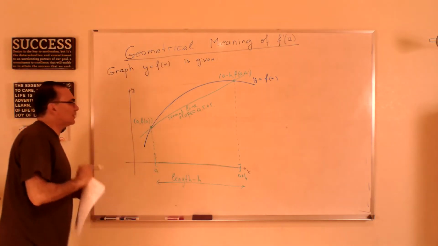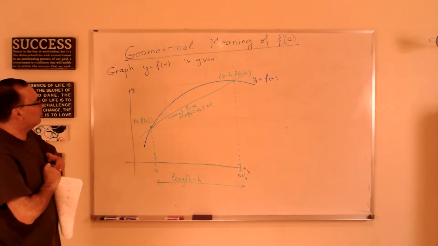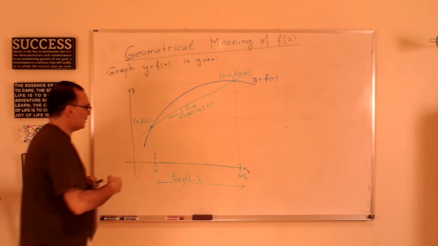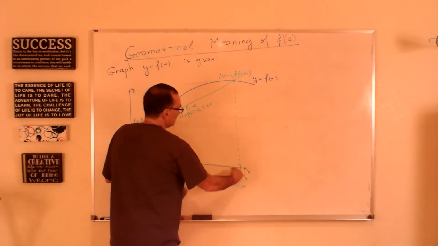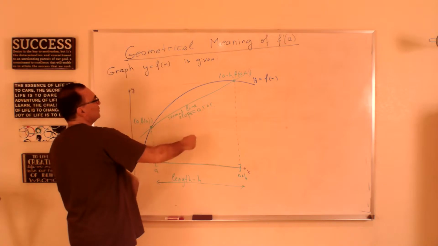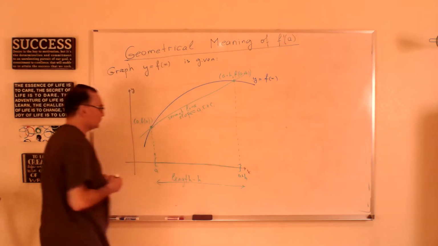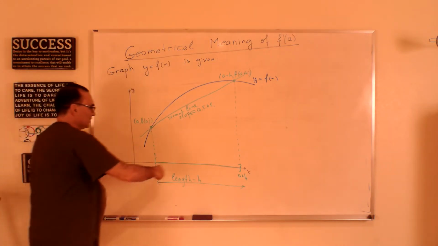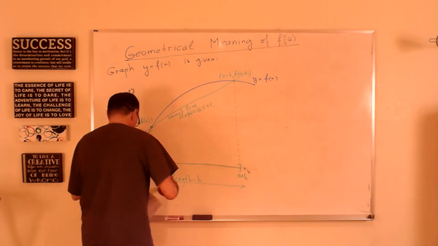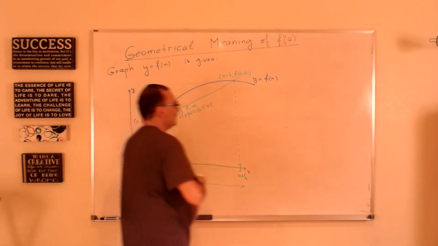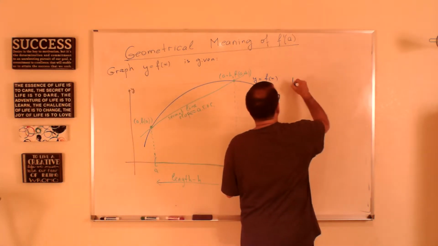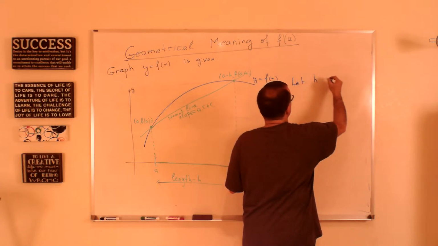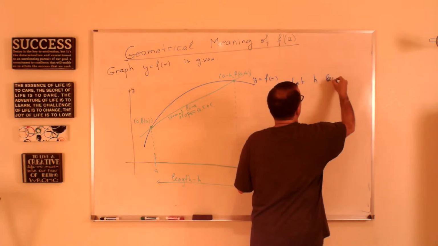So this picture more or less we already had, but now I want to explain what happens if we allow h to approach 0, which means if we make the length of this interval smaller. So now let h become smaller.